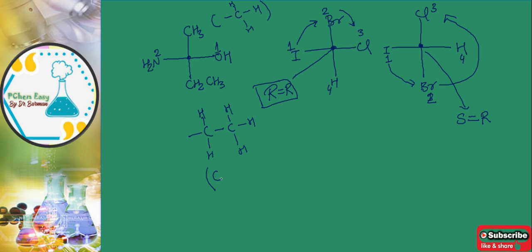So here carbon is bonded with carbon, and here carbon is bonded with 3 hydrogens. So obviously this will get priority. Okay, so if we arrange as per atomic number, carbon and carbon, then hydrogen, 2 hydrogens are there.